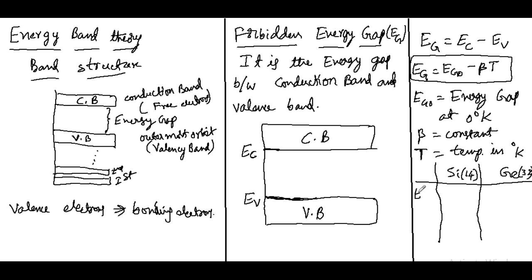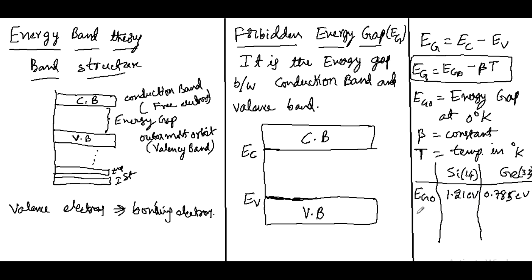The energy gap at 0 degrees kelvin, Eg naught, of silicon is 1.21 electron volts, and the energy gap of germanium at absolute temperature is 0.785 electron volts. These are the standard energy gap values of silicon and germanium, defined at absolute temperature.